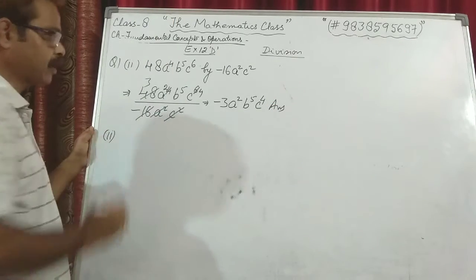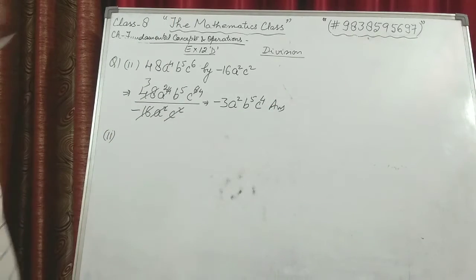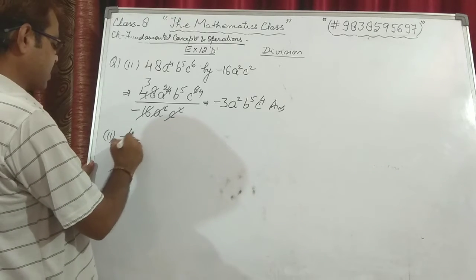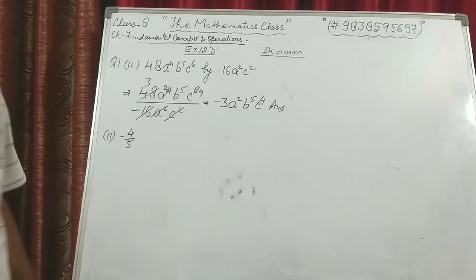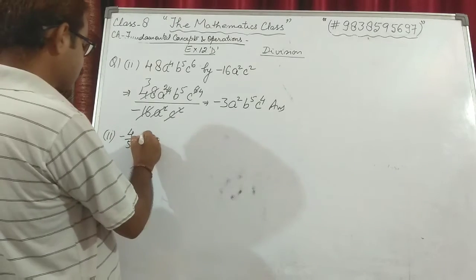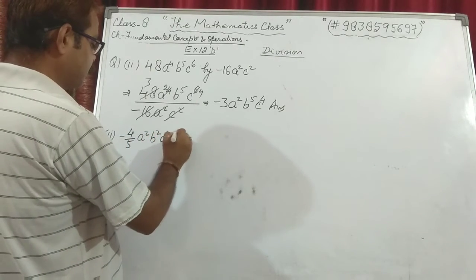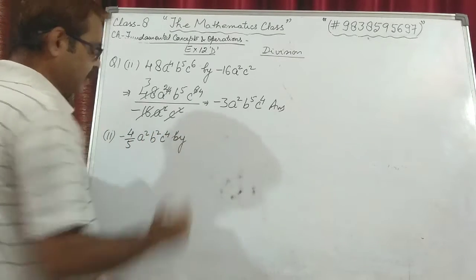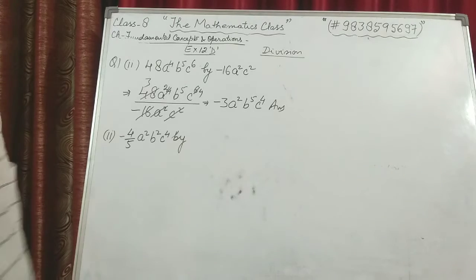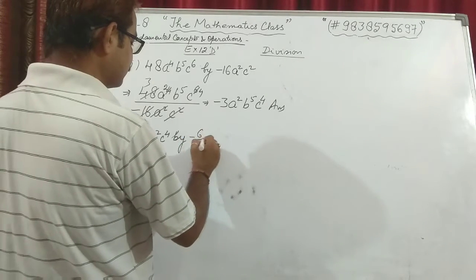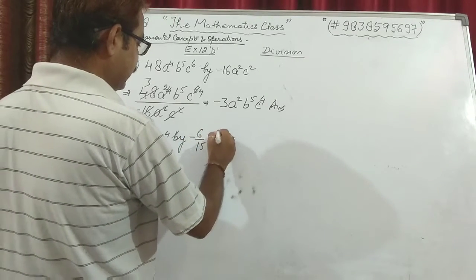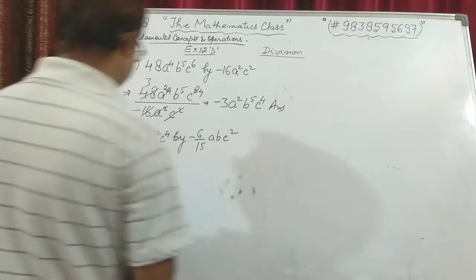Let's do the second part also. Second part is minus 4 upon 5 a square b square c to the power 4, and this has to be divided by minus 6 upon 15 a b c square.